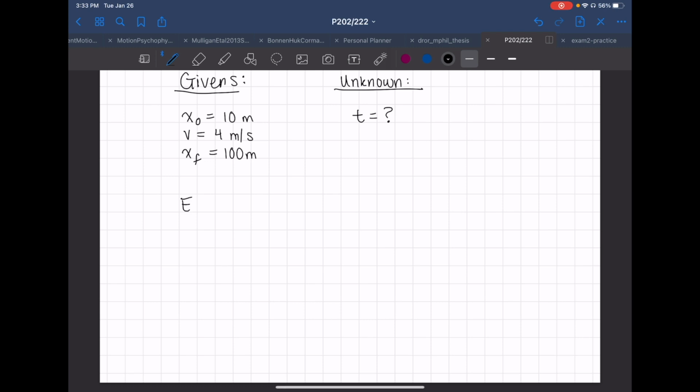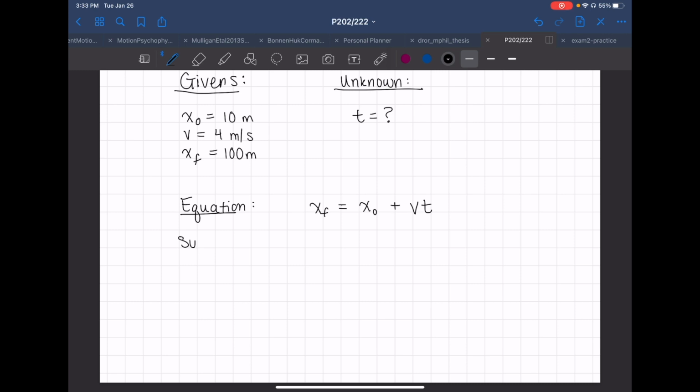And now the equation that we want to use is just the kinematic equation for constant velocity. I apologize if this isn't the notation that you guys are using in your book, but it will be: the final position is equal to the initial position plus the velocity times time.